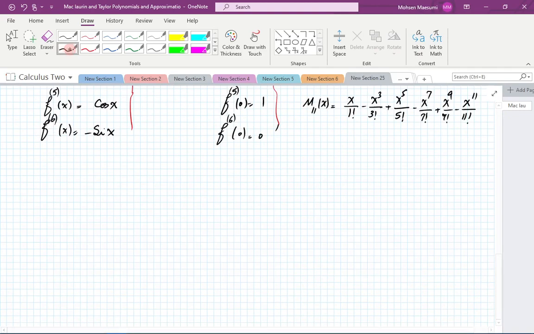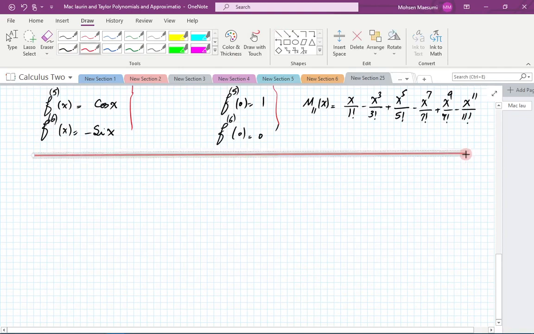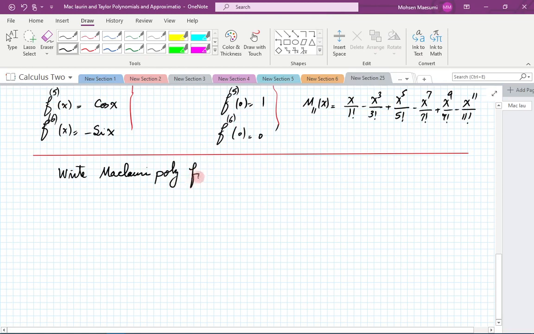So suppose we want to write the Maclaurin polynomial for cosine of x up to term, again, n equal to 6.